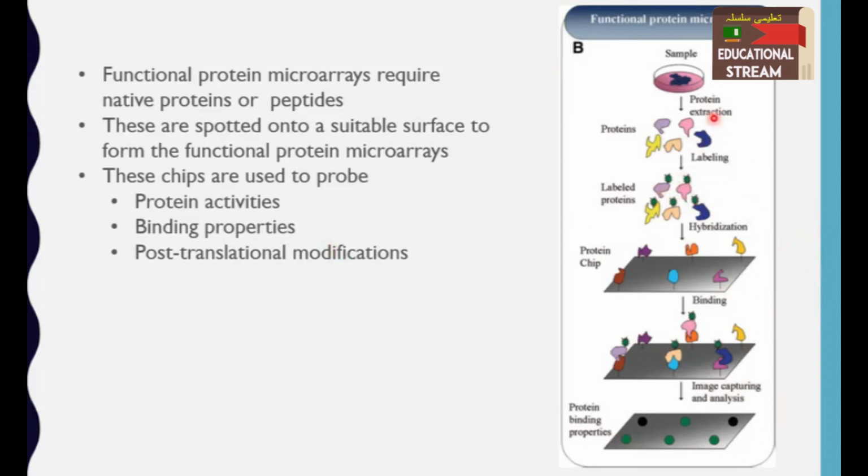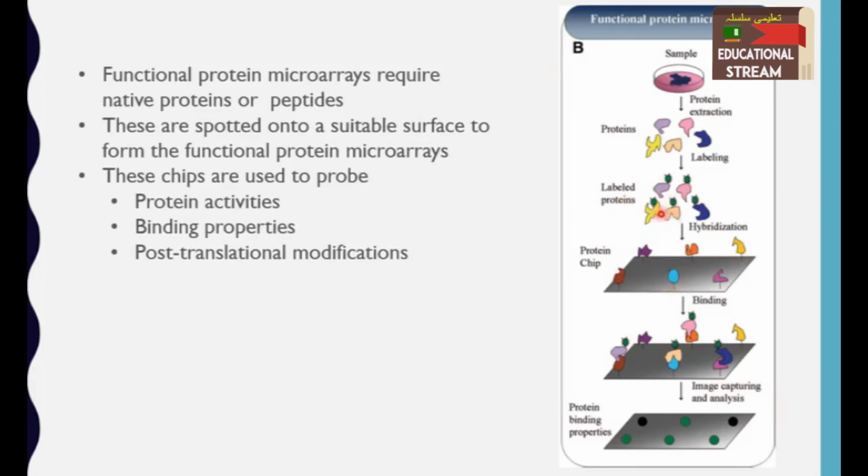First of all, the protein is extracted from the sample. Then comes the process of labeling of the protein. Proteins are labeled with distinguishable markers. For example, here the proteins are labeled with green fluorescent dyes, and then they are allowed to hybridize on the chip, and the protein chip contains different peptides or protein sequences, a full protein, which are spotted on the membrane.